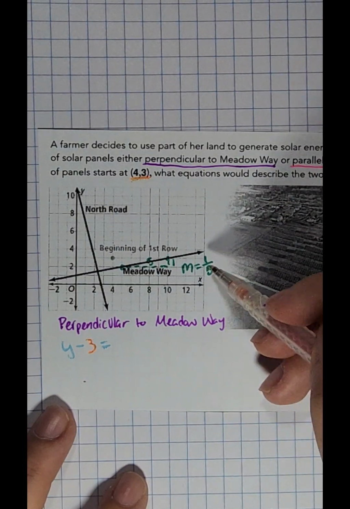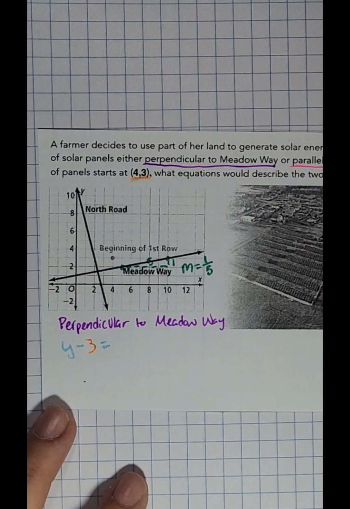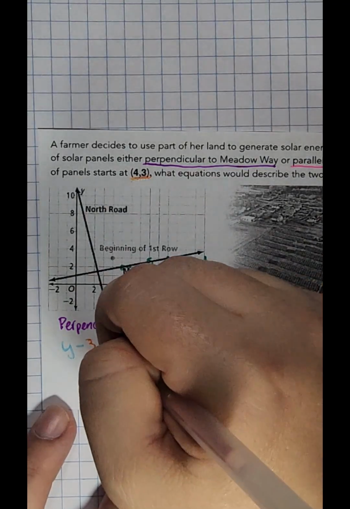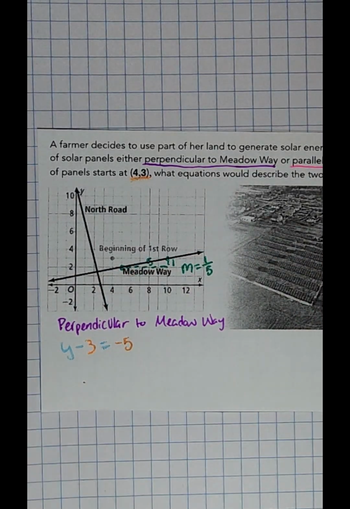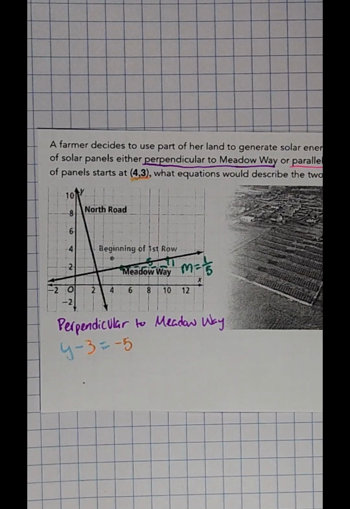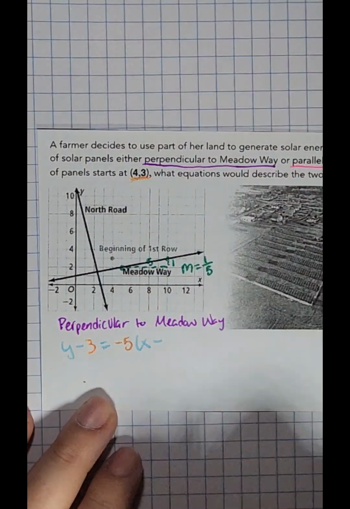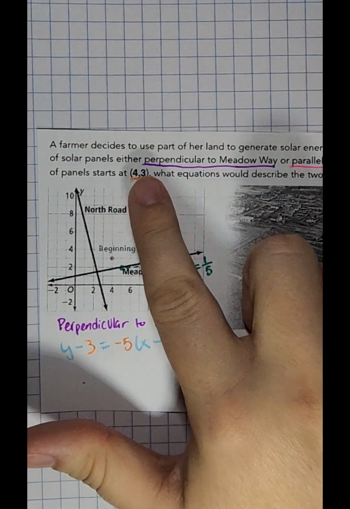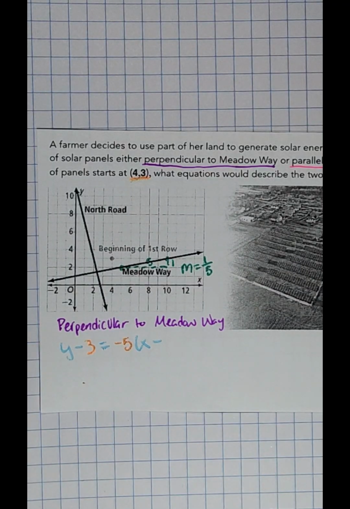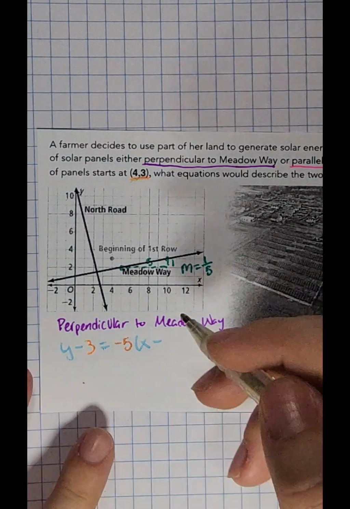So a positive 1/5 for slope is going to be a negative 5 for our negative reciprocal of slope. So we have that, we're going to multiply by x minus the x coordinate from our point up here, which was 4.